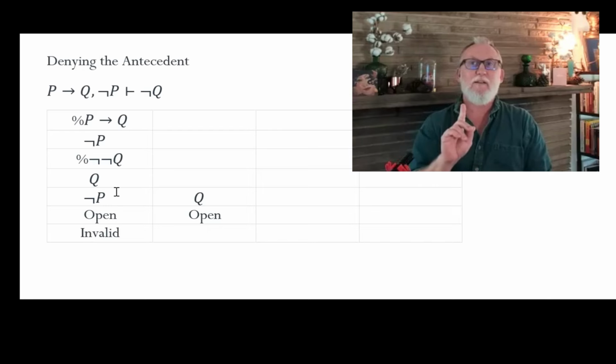One or more, at least one open, then it's invalid. If all of them close, then it's valid. But it's only valid if all of them close. If even one of them doesn't close, then it's invalid, because that open path actually defines a counterexample, as was being discussed in chapter 1.